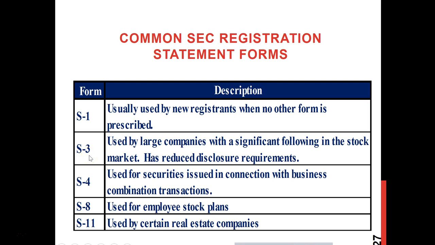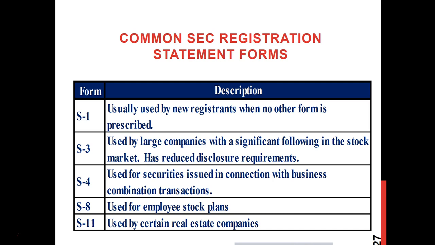And S3 is another type of form used by large companies which already have a significant following in the stock market. S4, this type of form is used for any type of business combination, merger type of transactions. S8 is used for employee stock plans. S11, this type of form is used for real estate companies.